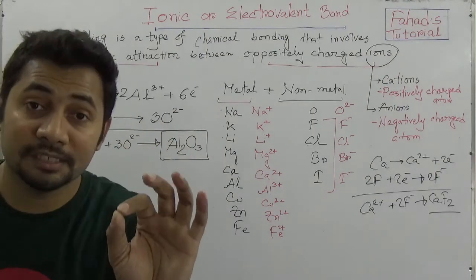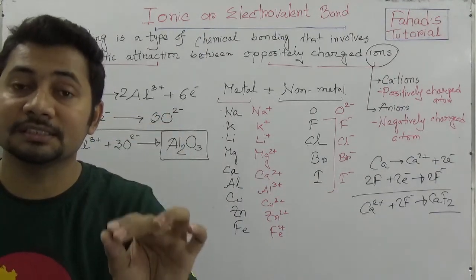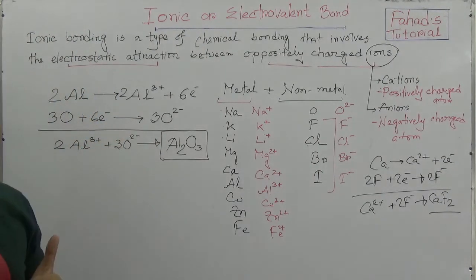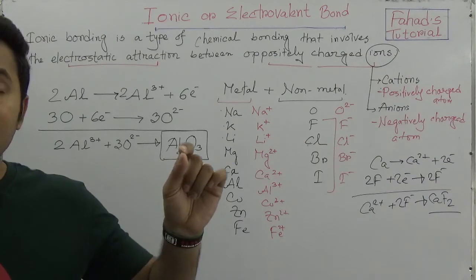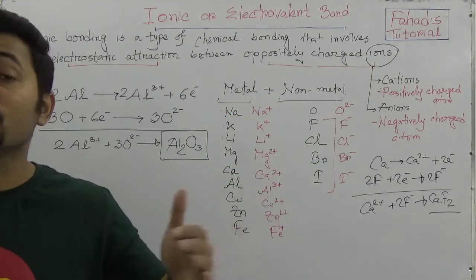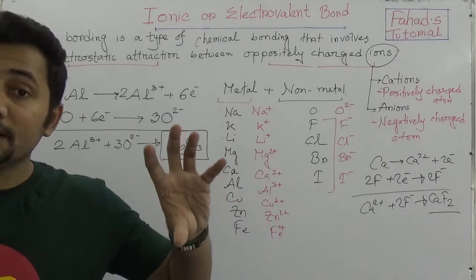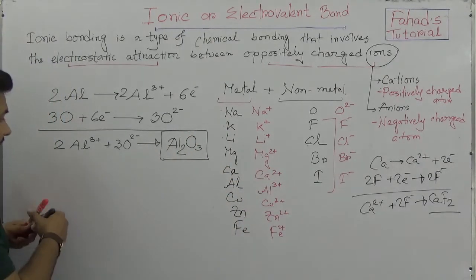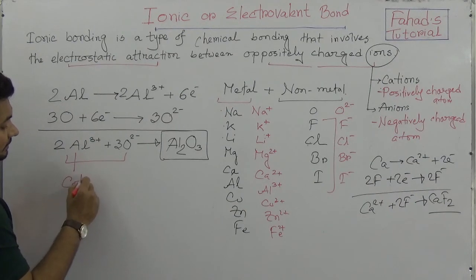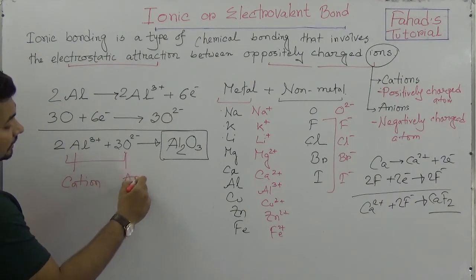And in case of answering questions in your exam hall, you need to write these things like this: how many electrons are donated, how many electrons are accepted, who is donating, who is accepting, and how it is formed. And the attractions between these atoms or ions, this is called cations and this is called anions.